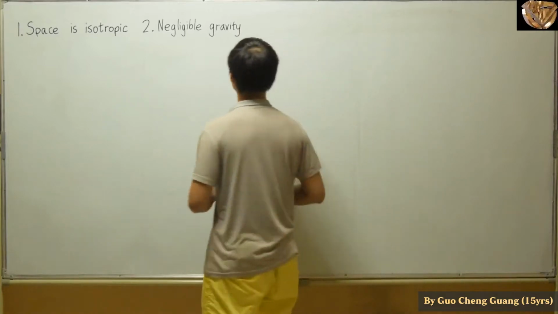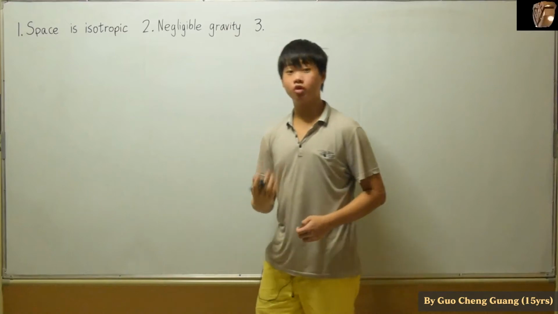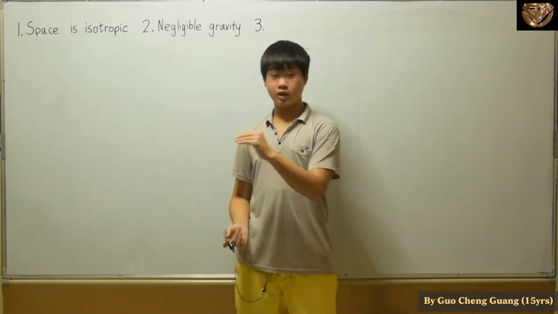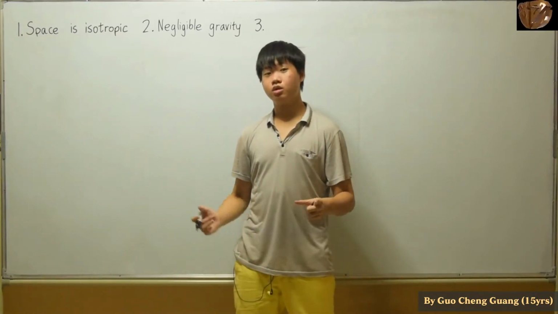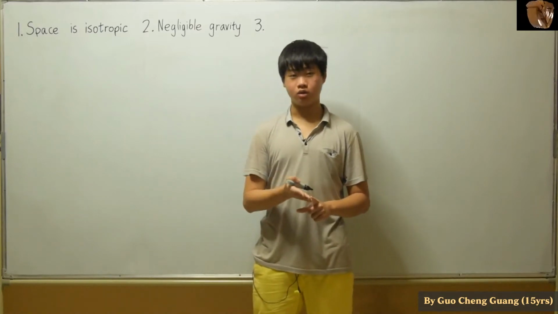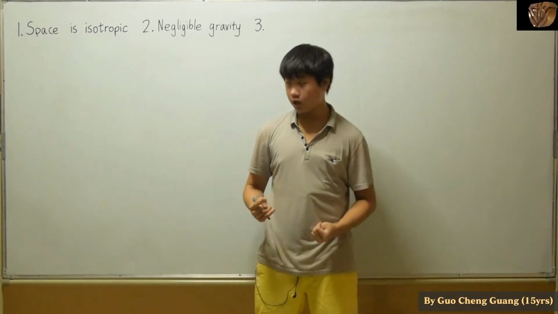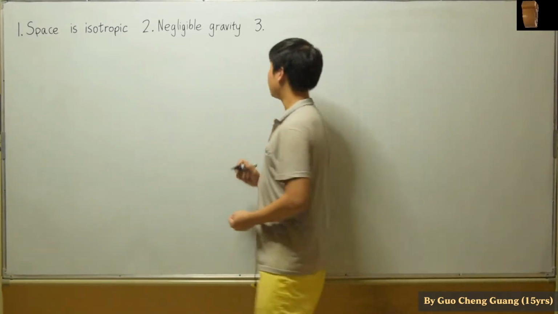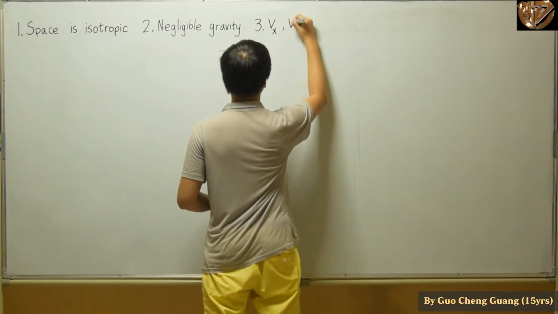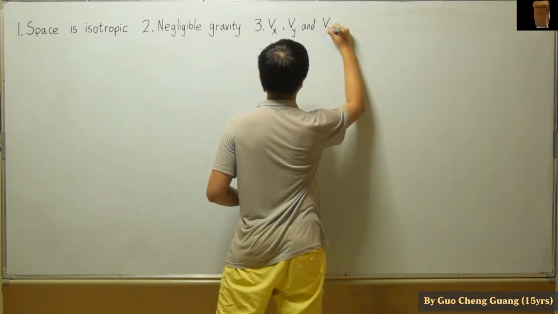Then we'll be moving on to a third assumption. When we're talking about velocity, let's say in one dimension, you only have one way. In two dimensions, you have an x-axis and a y-axis, or x component and a y component, however you like to put it. While in three dimensions, which is what we'll take a look at now, you would have three different components. So let's say there are Vx, Vy, and Vz.